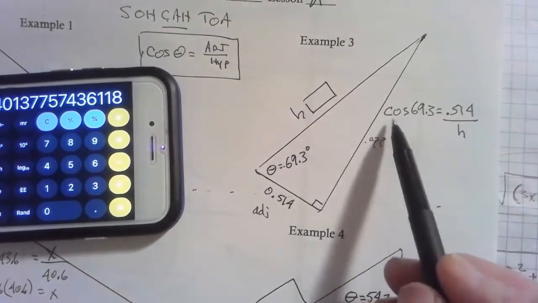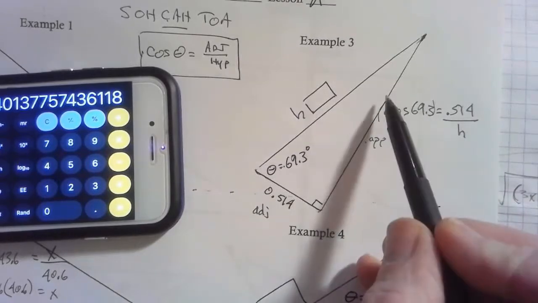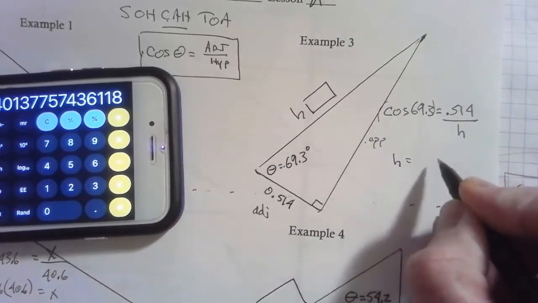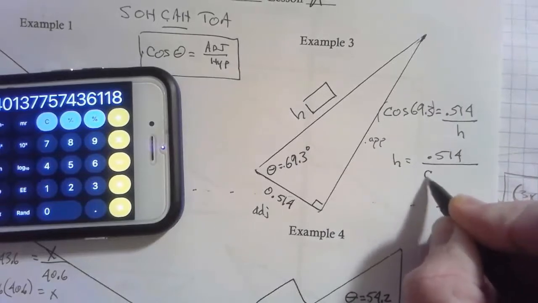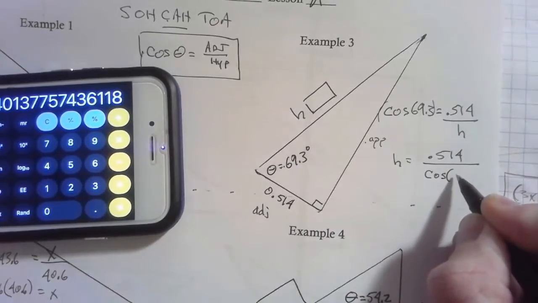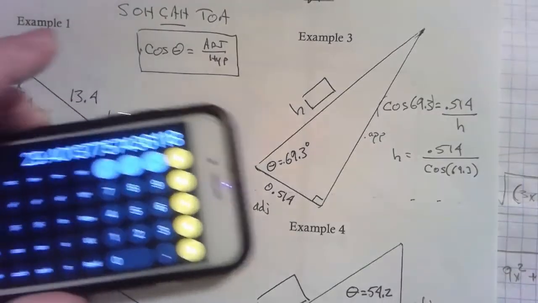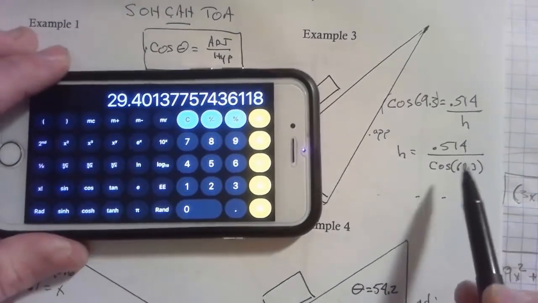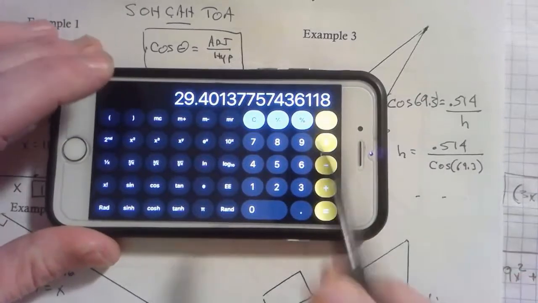And if you remember, what you can do is you can switch. You can put everything that's here down here and move that up here so that h equals 0.514 divided by whatever the cosine of 69.3 is. We can do that. So on my calculator, I type in, let's see, it's cleared out.